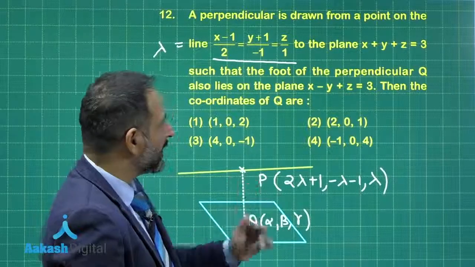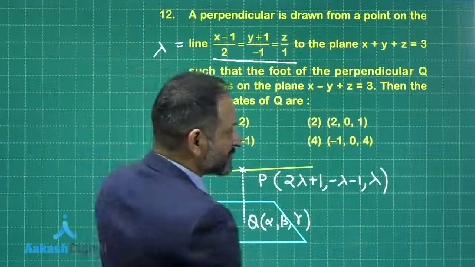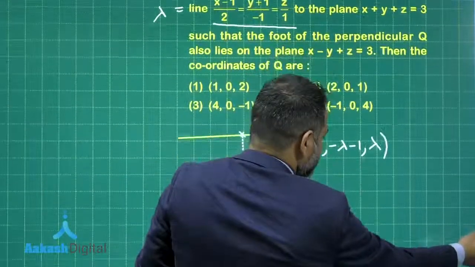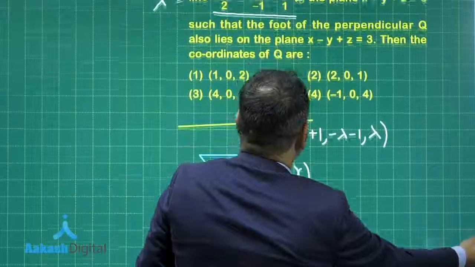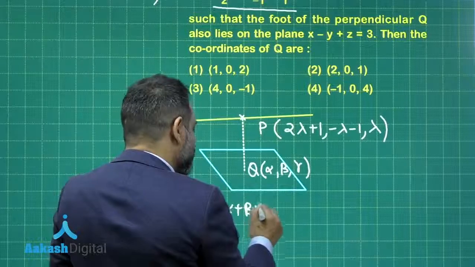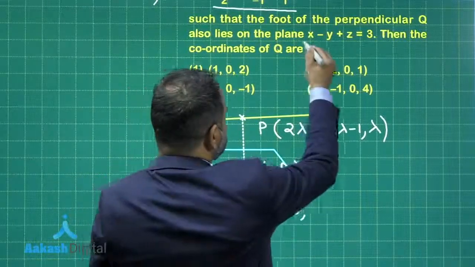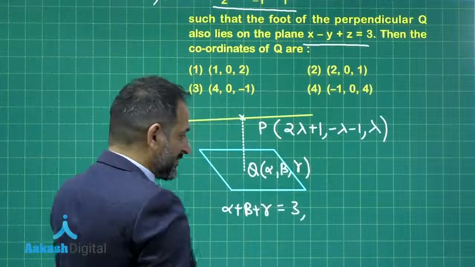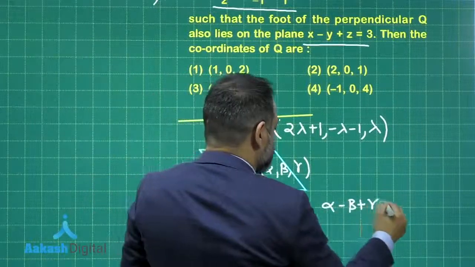This alpha, beta, gamma I have assumed on this plane, so definitely we have to satisfy this point on this plane. So, we have the first equation, that is alpha plus beta plus gamma is equal to 3, and this point is also lying on the next plane. So, we need to satisfy that here as well.